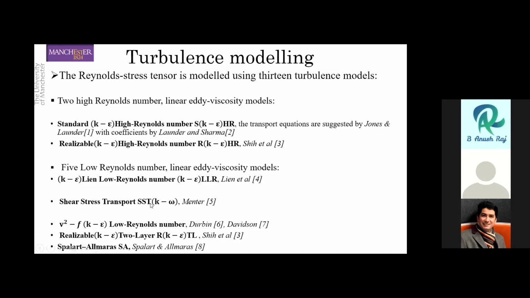The V2F K epsilon low Reynolds model, this one, solves with K epsilon two more turbulent quantities, the parameter v square, which is used as a damping function for the turbulent viscosity, and the elliptic relaxation function f.